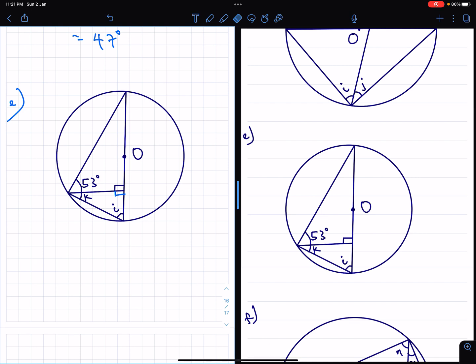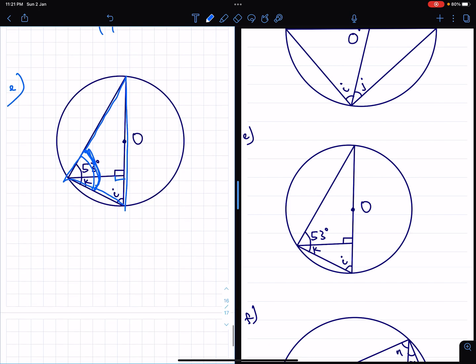So what do we do first here? First of all, I know that the whole of this angle is in a semicircle, so the whole of this angle is actually 90 degrees. Angle in a semicircle is 90 degrees. So 53 plus k is 90 degrees.